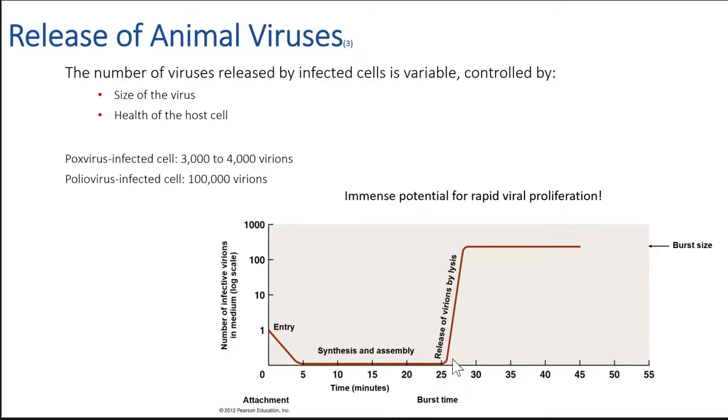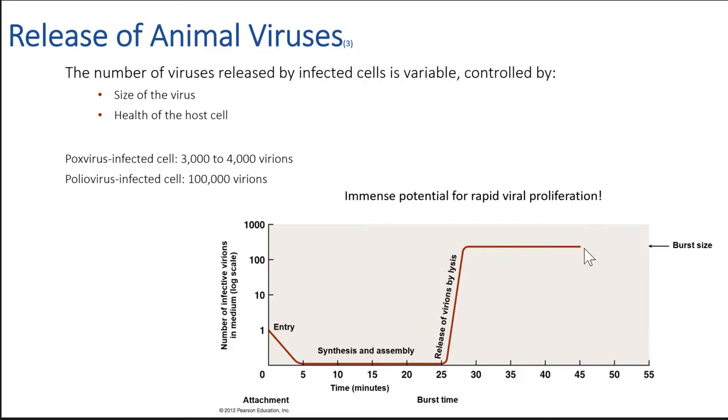If release is by lysis, immediately you get all of these virions, maybe up to 100,000, being released into the environment. When they are released, then they can be carried by currents, air currents, blood, lymph fluids through the body, and every time they come in contact by chance collision with a cell that has the appropriate receptors, they can start the cycle all over again.